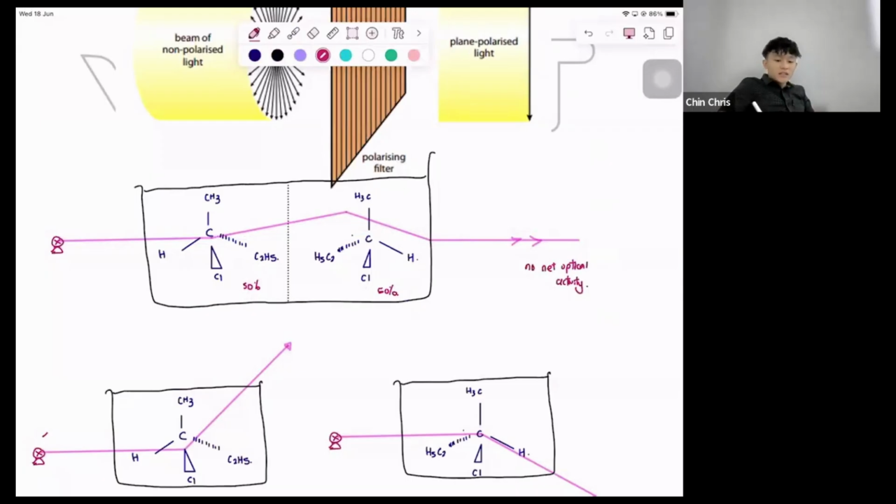Understand? This we call a racemic mixture. A racemic mixture will not cause a change in direction of the plane of polarized light. But if it's a single enantiomer, yes, it will. If it's racemic, no, it will not. Done? All right guys, now let's continue.